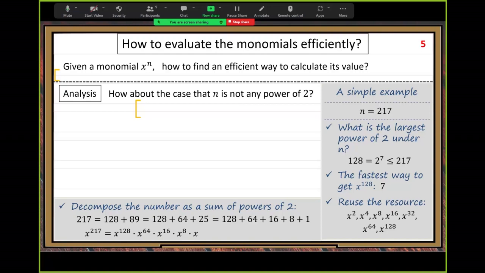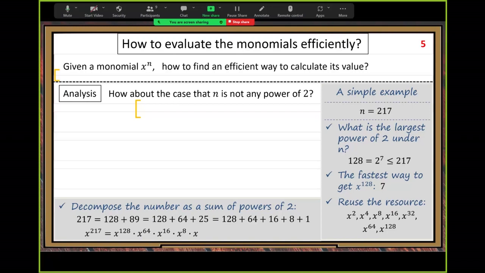Now, the first number we need, we can pick it from the pool, right? Second number, x to the 64th, pick it from the pool, resource, reuse, and so on. X is given, so x is also our resource.